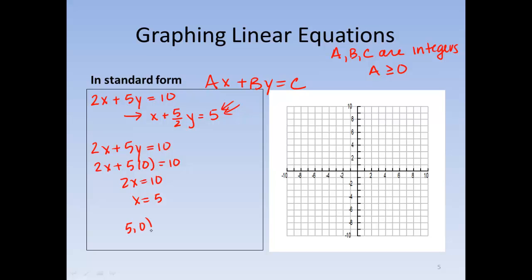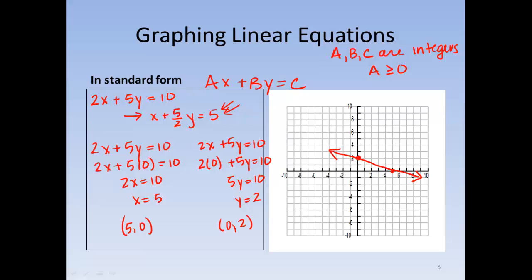Remember, y was 0. To find the y-intercept, we will replace x with 0. And that will leave us with y equals 2. Well, 0 was our x value. So I have (5, 0) and (0, 2), and we can connect these two.